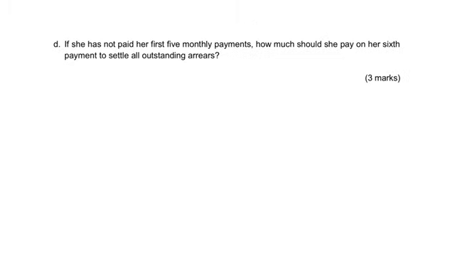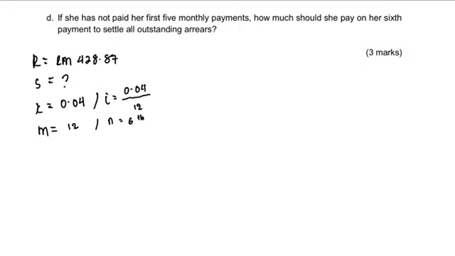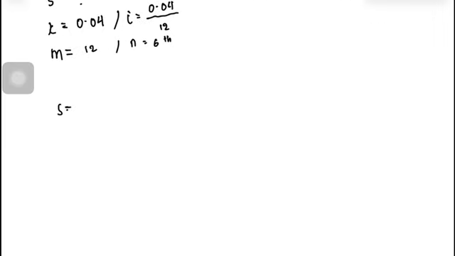Okay, let's move to question D. Okay, so R is RM 4,028.53, and S is unknown, the rate is 0.04, i is 0.04 divided by 12, m is 12, n is 68. Okay, so the formula is S equals R times ((1 + i) to the power of n minus 1) divided by i.